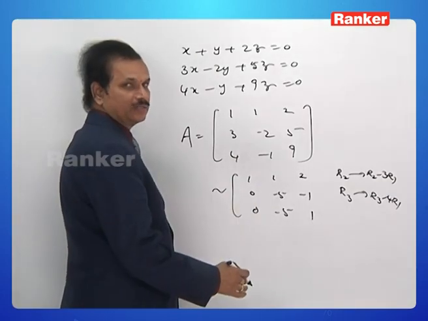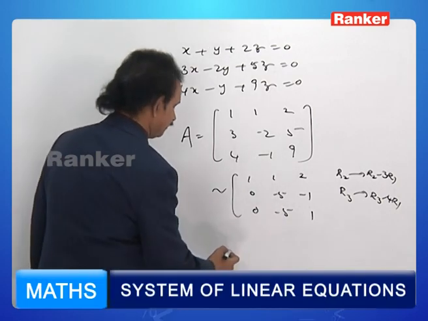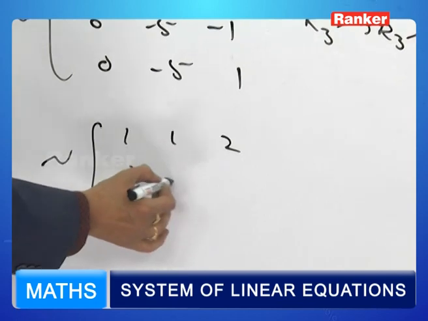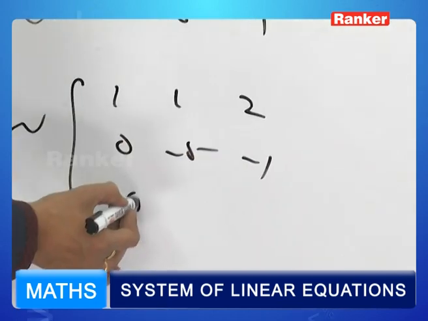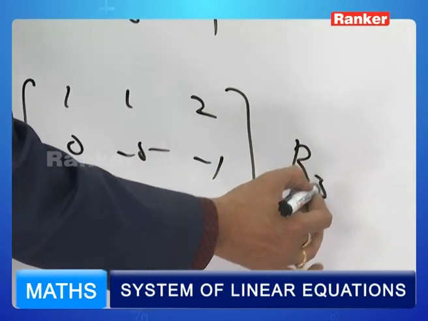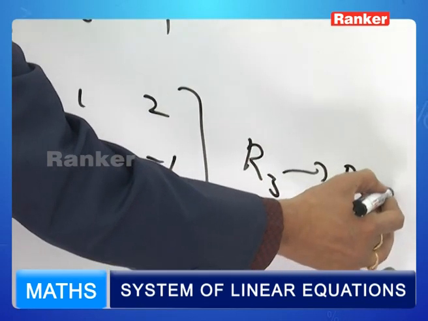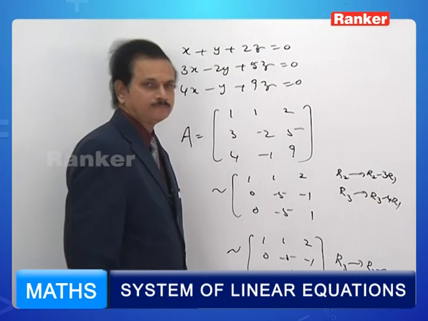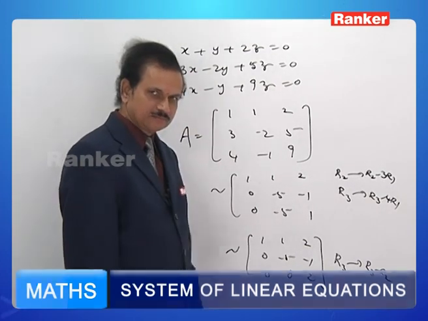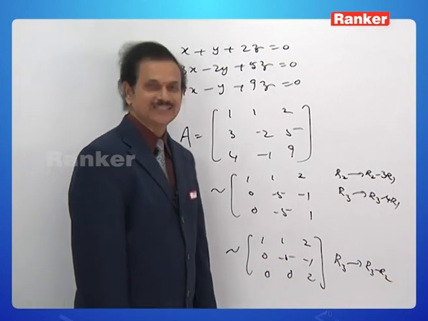Second step, all the entries below the 2 place. This is again 1, 1, 2, 0, minus 5, minus 1, 0, 0, 2, by R3 changed as R3 minus R2. What is the rank of this matrix? 3. How many non-zero rows are there? 3.